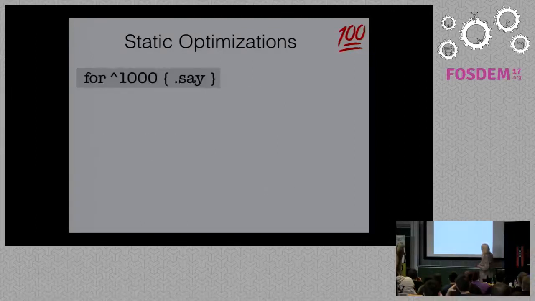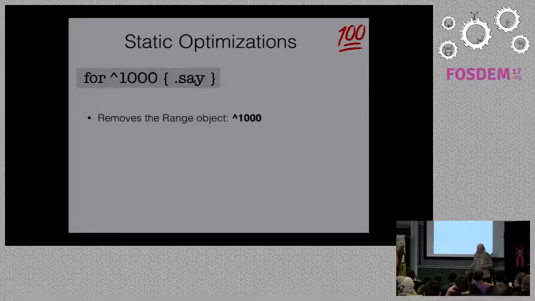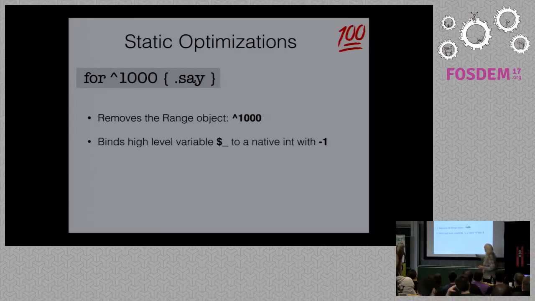But to give you an example of this, this is an example of doing something 1,000 times in Perl 6. What it does is it removes the range object. It binds the $_ to a native int with the value of -1.